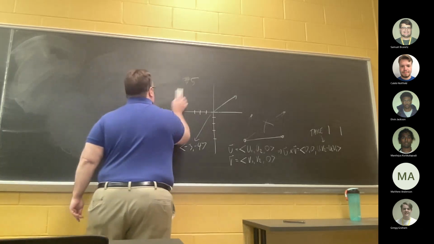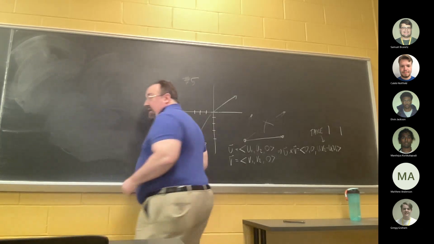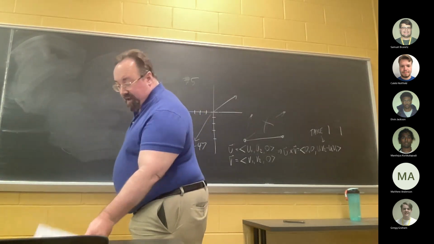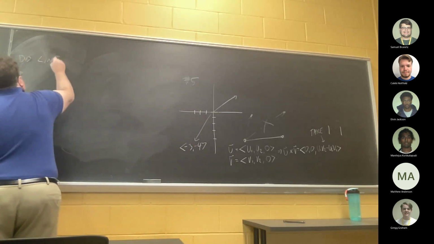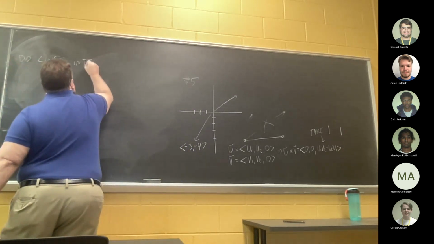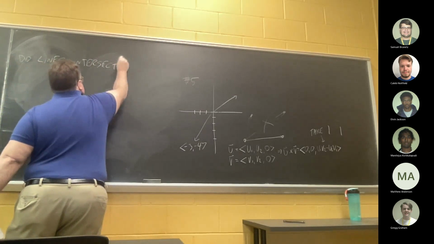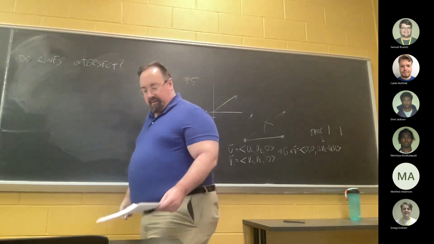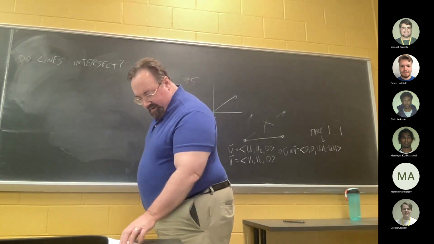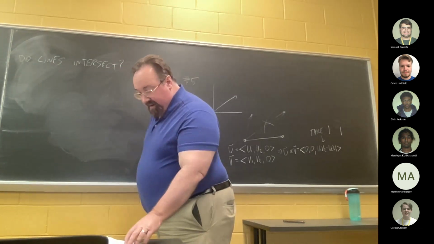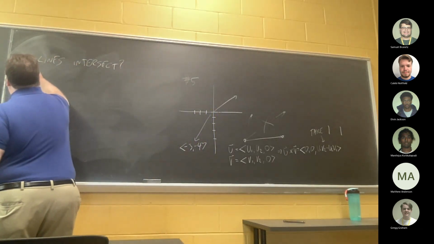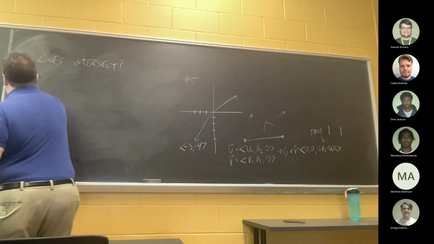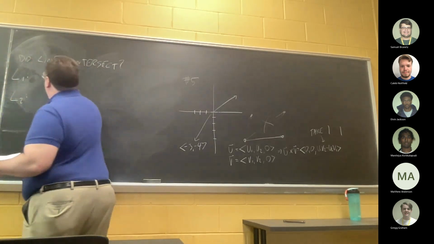So now take a closer look at the problem that I touched upon last time of determining whether two lines in three-dimensional space intersect, or are they parallel, or are they skew? Now, let's suppose you have two lines described by parametric equations.